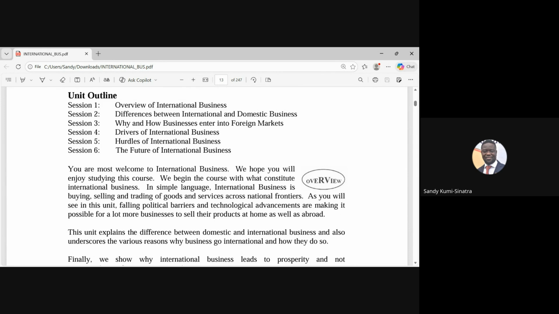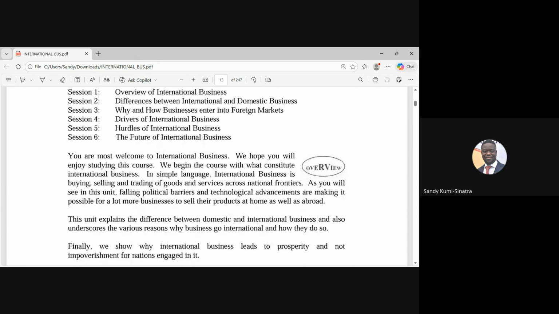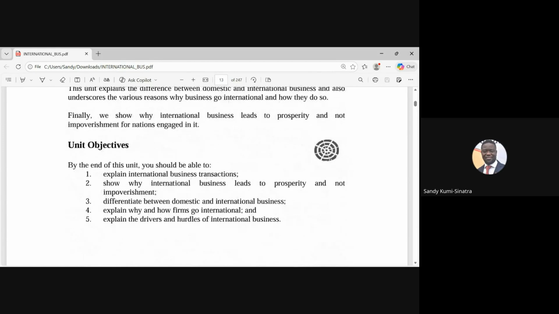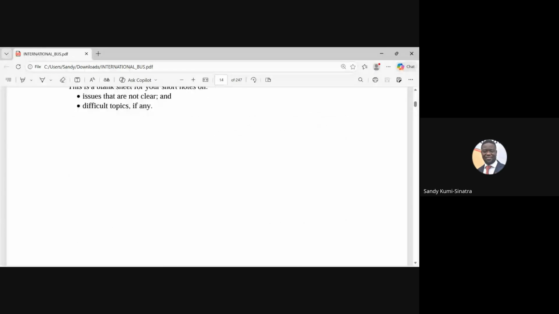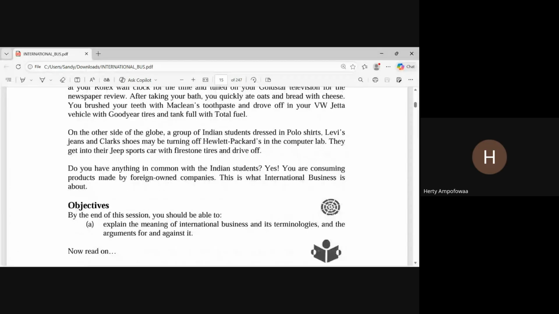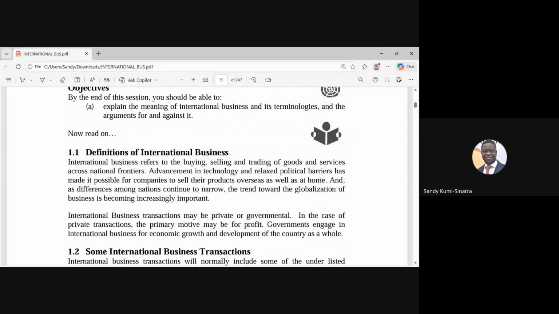So you see, we have all transacted international business before. So basically, these are what we are talking about. When you consume a product or you access a service that is not emanating from your home country, that is basically international business. Do we get it? Okay. So we have all transacted international business before.